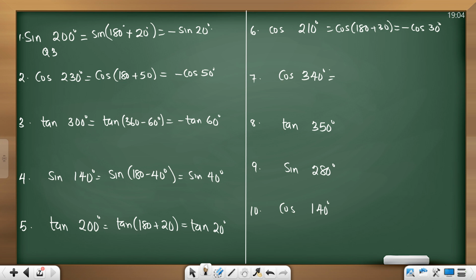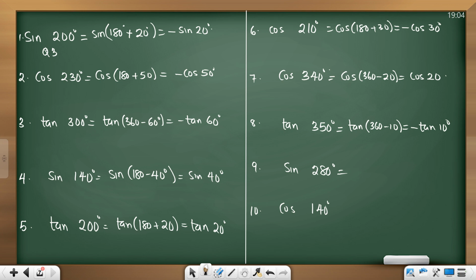Cos 340, I am in the fourth quadrant, and it's 360 minus 20. In the fourth, cos is positive. Tan 350, I am in the fourth, 360 minus 10, so negative tan 10.